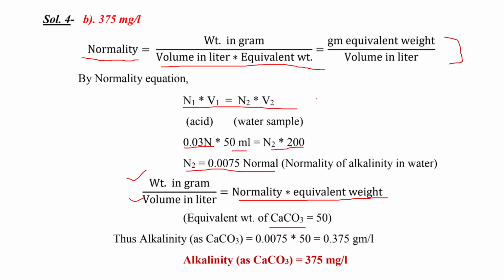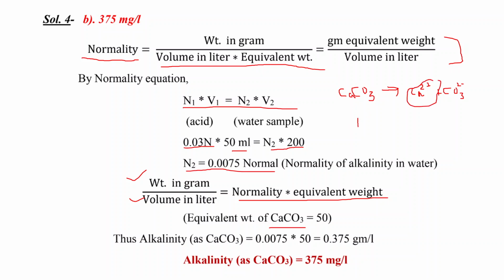How does this come in? When we write the CaCO3 dissociation equation, CaCO3 gives Ca 2 plus, then here we are seeing that valency is 2.